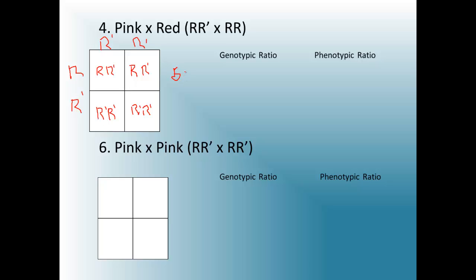Okay, this time I'll use my percents. So I have 50% big R prime, 50% big R. Oh, I hope you guys all caught my error. Okay, I had primes where I should not have had primes.